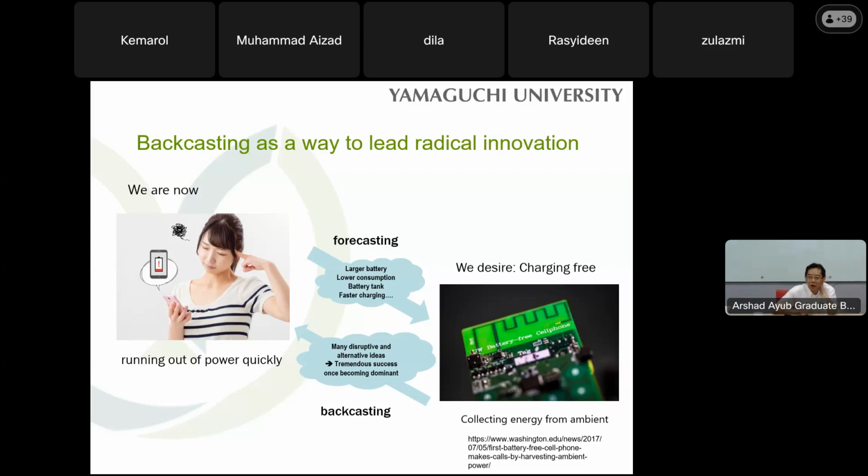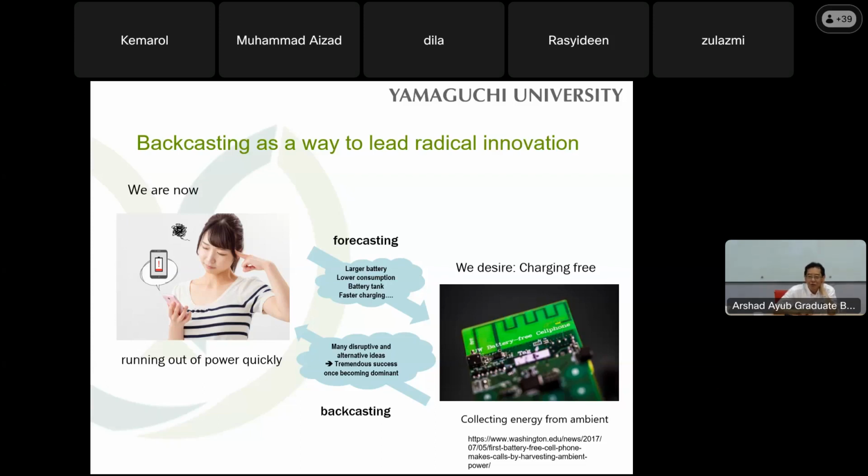One of the good examples of thinking up new innovation from this backcasting approach is a trial from the University of Washington. Their research laboratory tries to collect energy from the ambient environment.